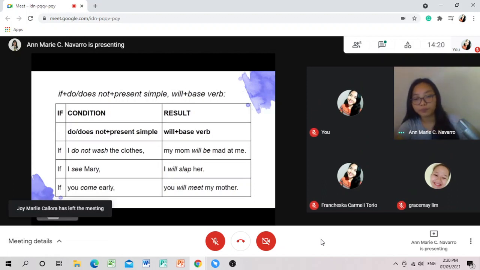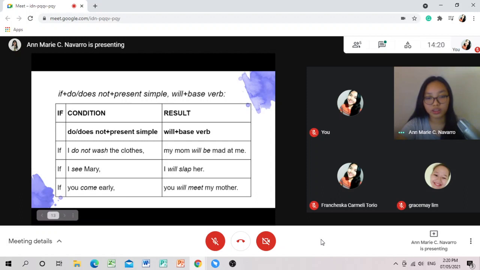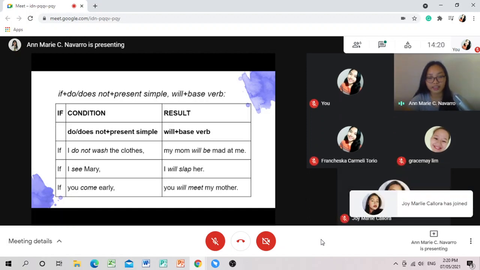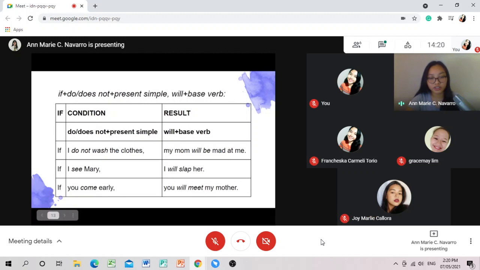So we should put do plus not between I and see to make it negative. Then for the third sentence: if you do not come early, you will meet my mother.